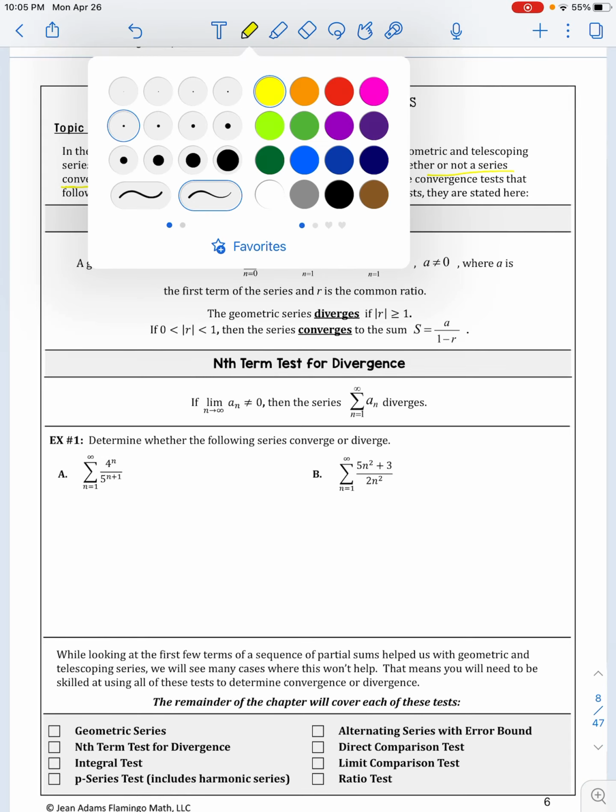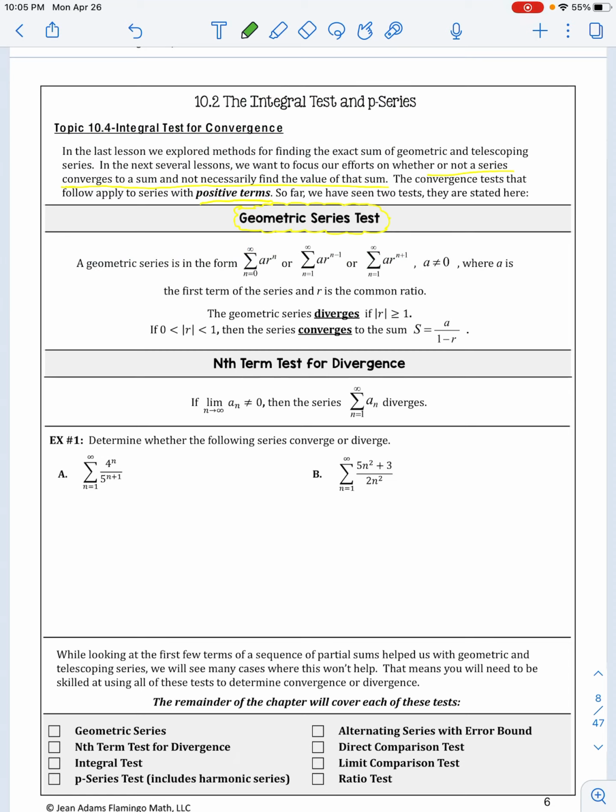And so far we have seen two tests. They are stated here. The geometric series test is the first one, and I wanted to talk about this real quick. A geometric series is in the form, if you start at n equals 0 when you're doing a summation and you see that you've got something to the nth power, you know that when you put that first value in, it's going to give you a, right?